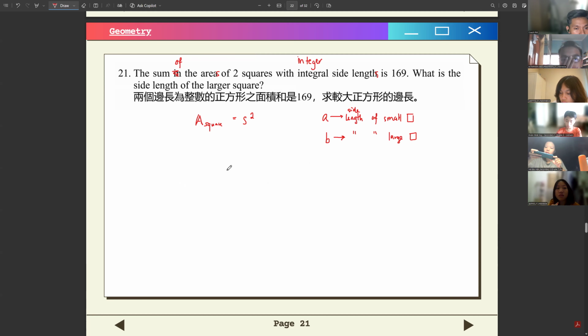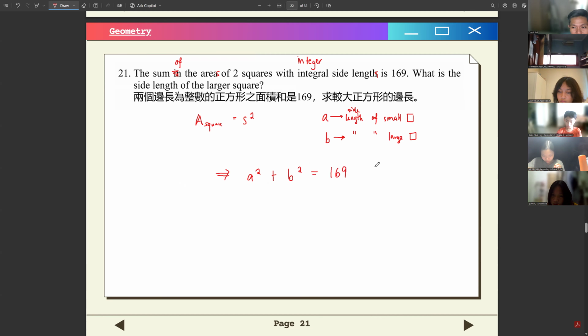So it says here, the sum of the areas: area of the small square plus area of the large square, which is A squared plus B squared, right? Should be equal to 169.